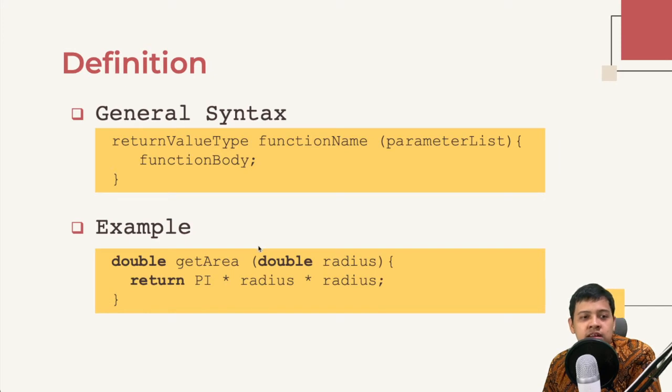These are the examples. The difference between the prototype and the function itself is the curly bracket and the inside of the curly bracket, which is the function body, the statements, the set of code.